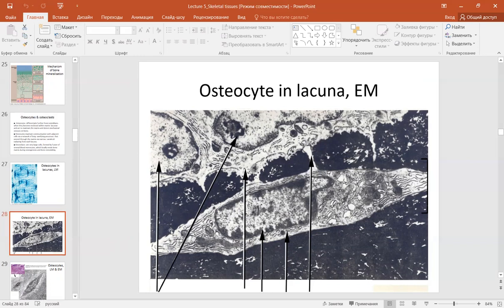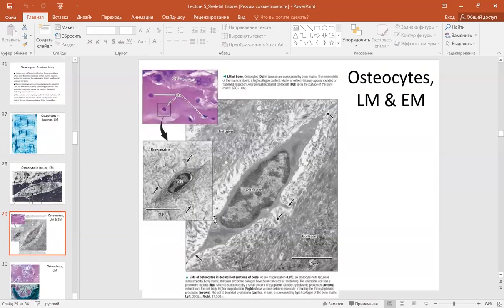Exocytosed, they move to the osteoid and bind to the phosphate ions, forming hydroxyapatite molecules or crystals, which harden the extracellular matrix of the bone tissue.